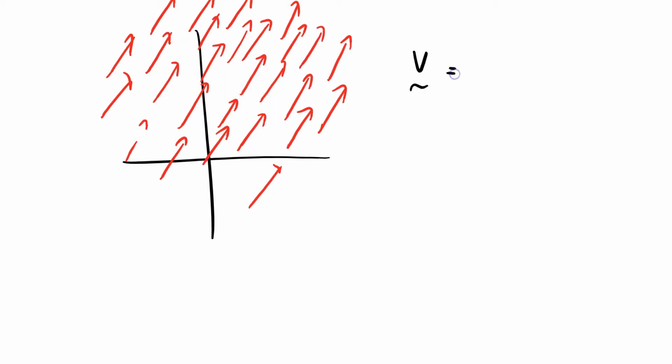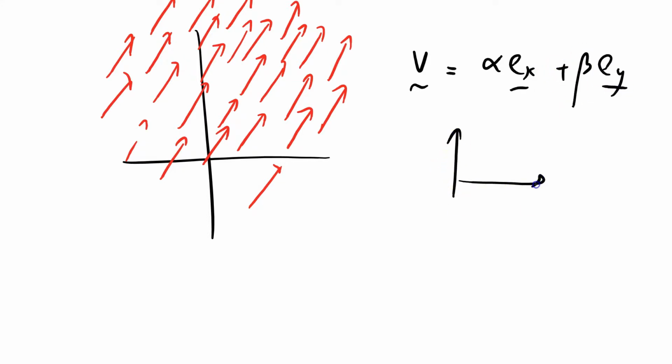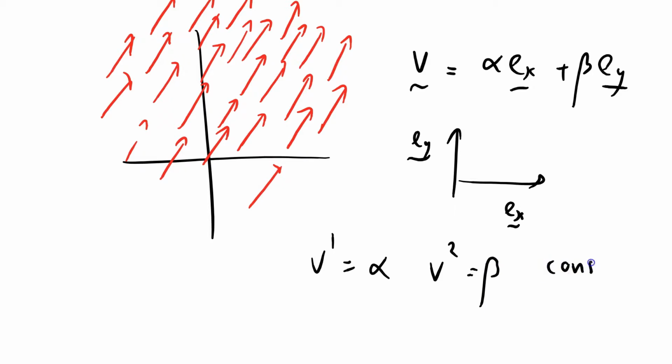I'm going to write V equals alpha e_x plus beta e_y, where e_x and e_y are my basis vectors in a Cartesian coordinate system. And it's absolutely constant. And if I want to work out what the rate of change of this is, so V1 equals alpha and V2 equals beta, constants.